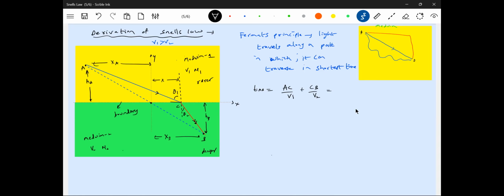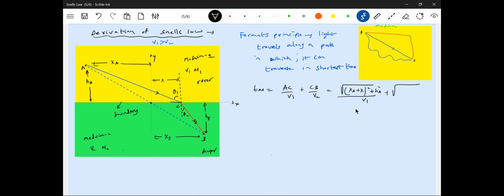From this right angle triangle, we can write the hypotenuse as the square root of (XA plus X) whole squared plus HA squared, divided by V1.